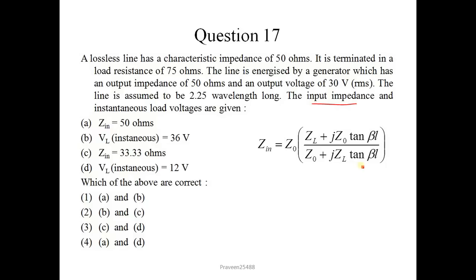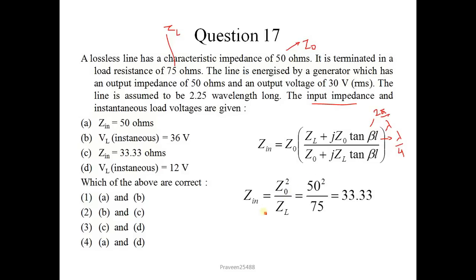Here from the question, this 50 ohm is the characteristic impedance which is Z0, and this load resistance is ZL, and beta is given as 2 pi by lambda, and we take L as lambda by 4. On putting these values, we will get input impedance 33.33 ohms. So C is the correct answer.